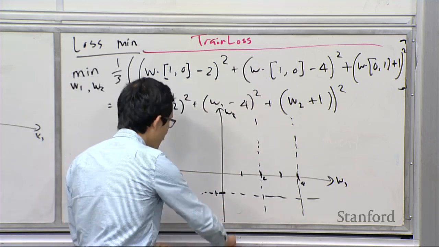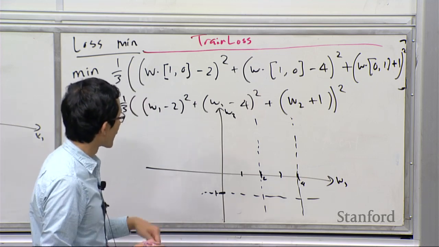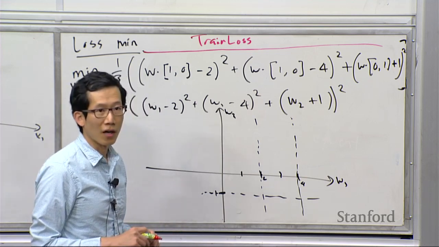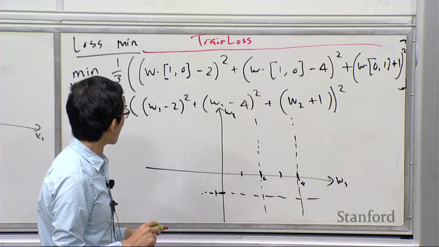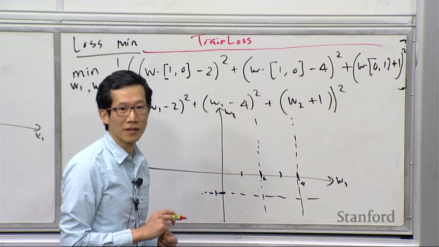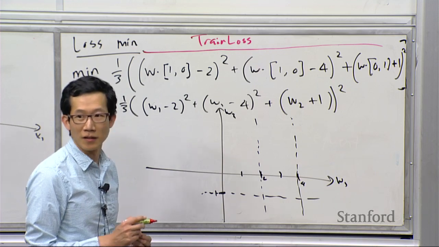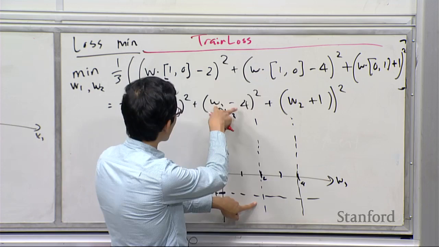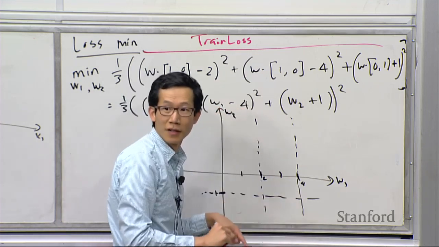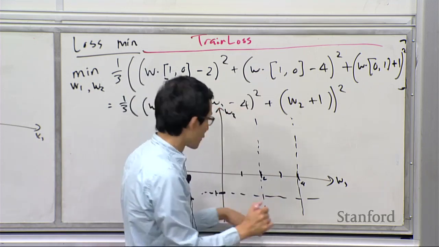So now, if we try to actually figure out what the objective function looks like, where do you think it will have its minimum? 2, -1. That would be the case if we didn't have this term, but there's a 4 pulling here. So 3, -1.